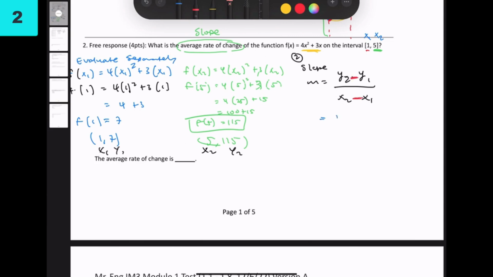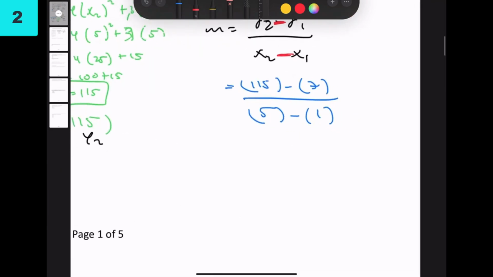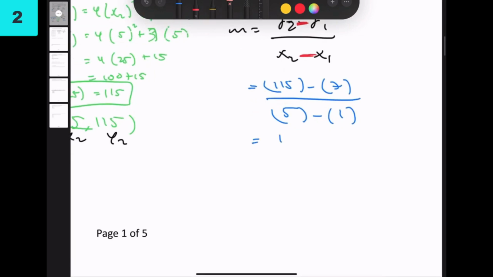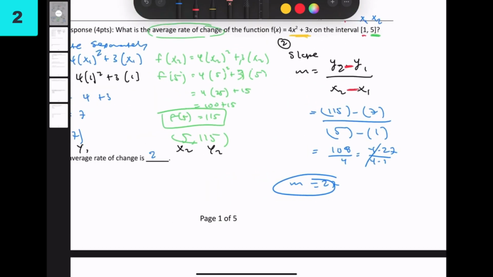So y2 value is 115 minus 7. x2 value is 5 minus 1. So this will give us 108 over 4. 4 goes into 10 2 times. 8 to 8, 28 divided by 4 is 7. So my answer for slope is 27. The average rate of change is 27.